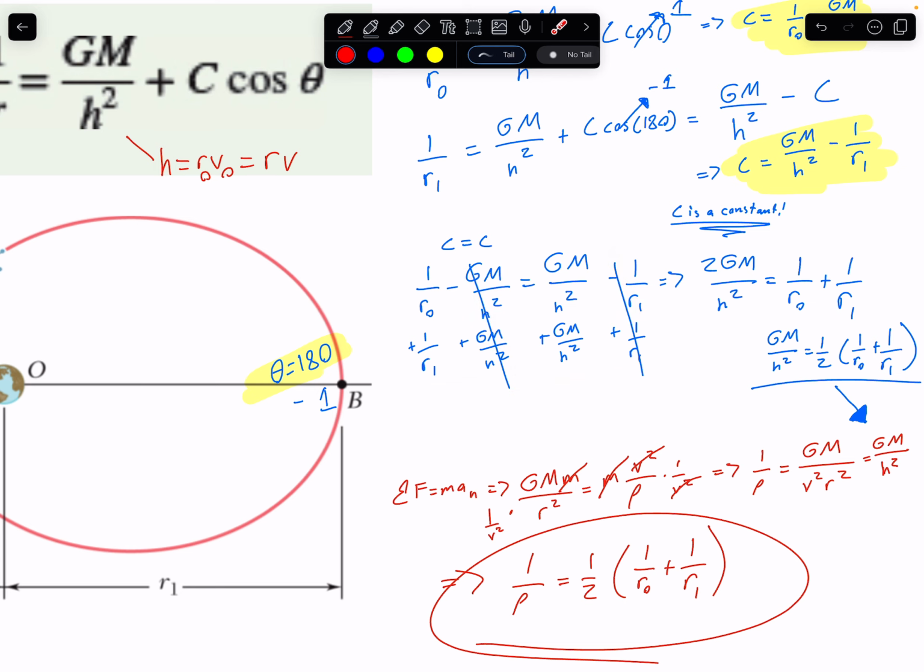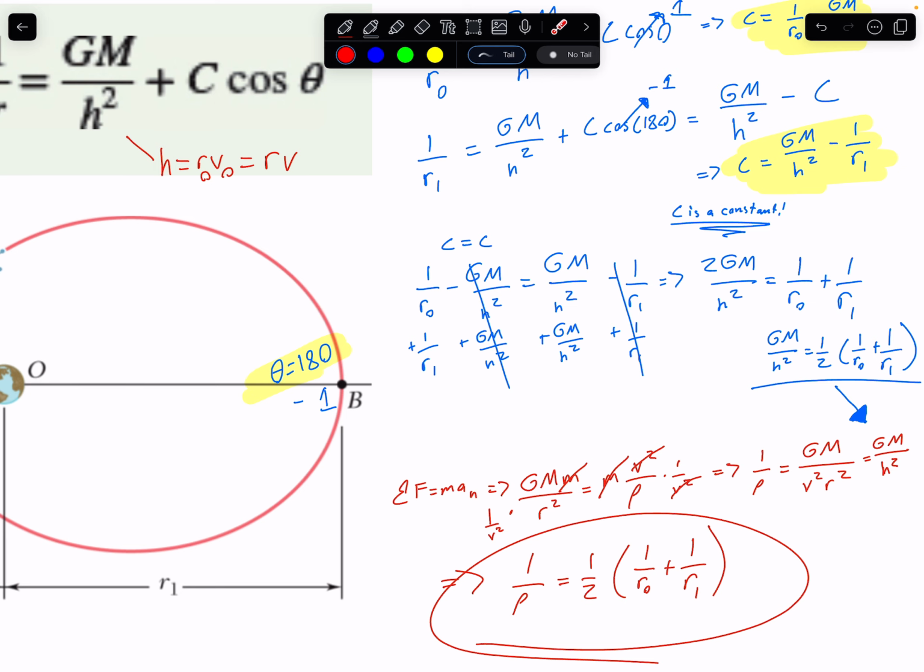We get 2 times the gravitational constant times the mass of whatever the center is over the angular momentum squared is equal to 1 over the smallest radius plus 1 over the next, or whatever other radius we want, but of our furthest radius, r1.